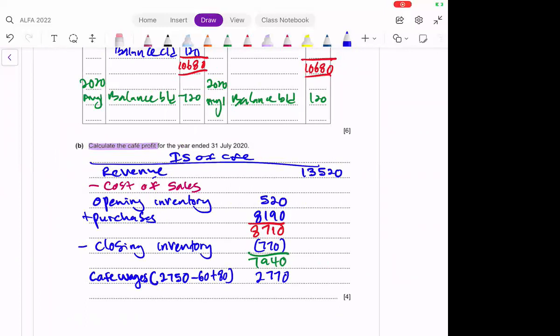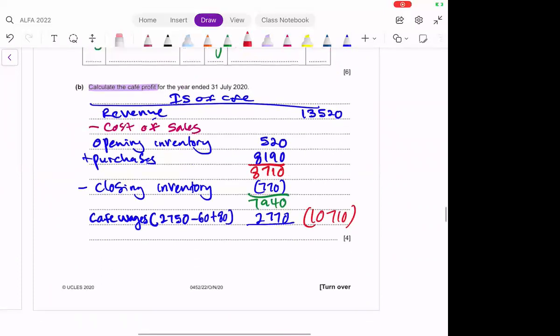Are you all following me? Plus together, you get 10710. 13,520 minus 10,710 will get profit from cafe.